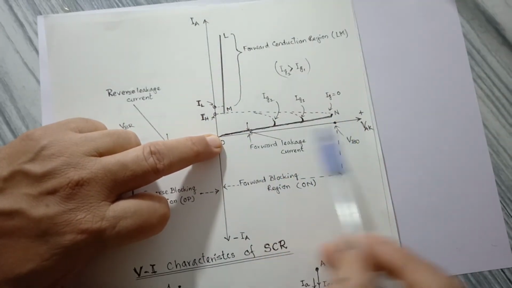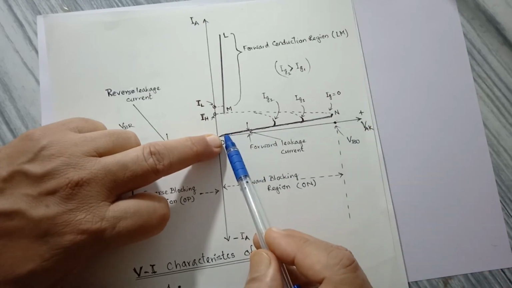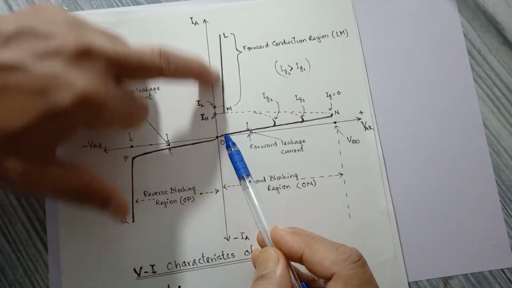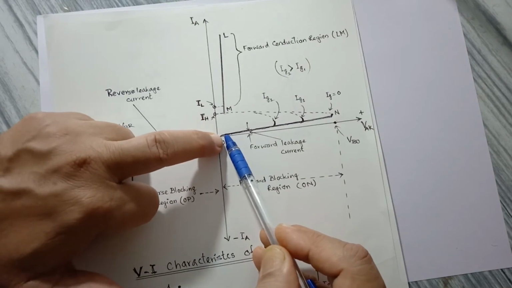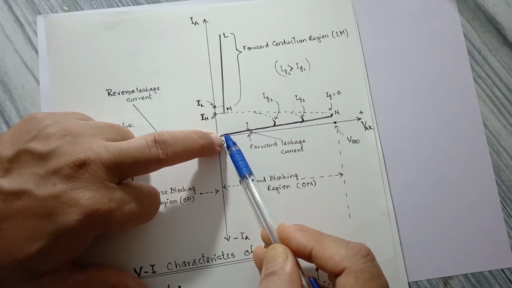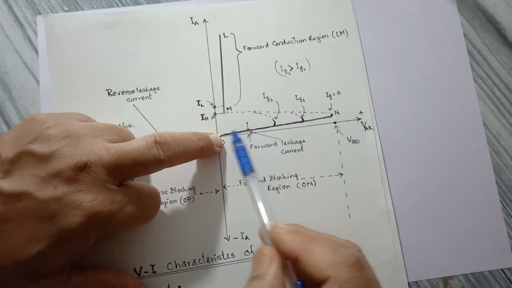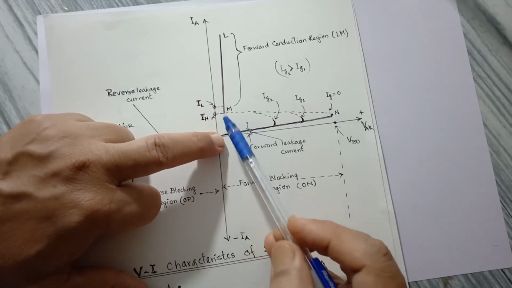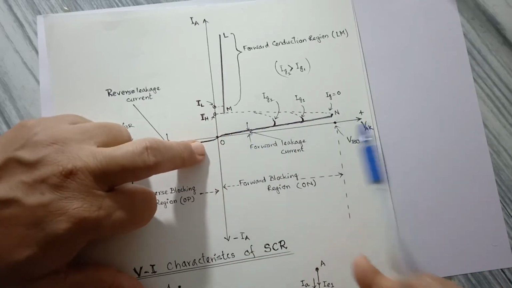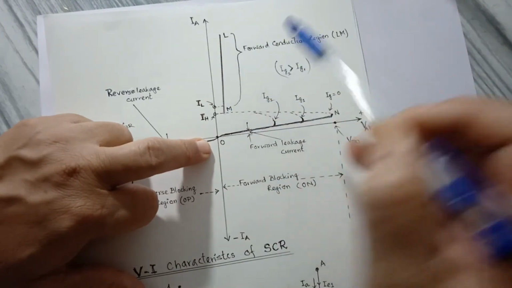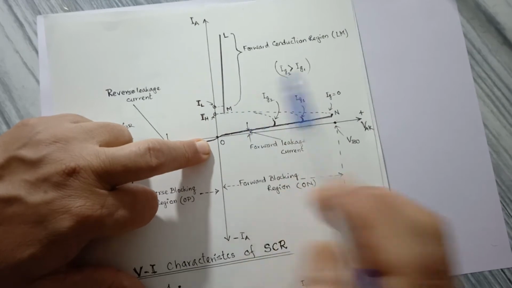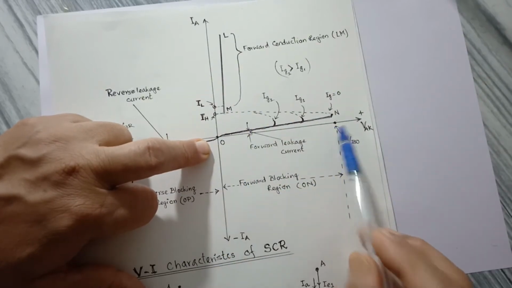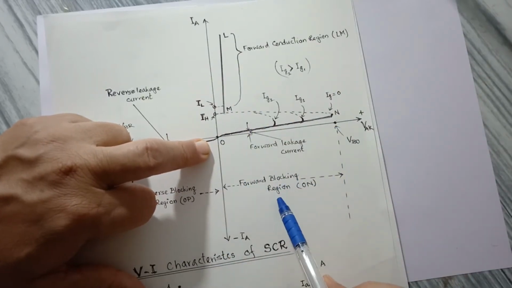So after firing, the voltage drops to 1 to 5 volts, and getting a large current is like turning on a switch. We have discussed this: when a switch turns on, the voltage across the switch is approximately 0 and a large current flows through it. So this MTN, we call it the forward conduction region, LM, and up to this point it is the forward blocking region.